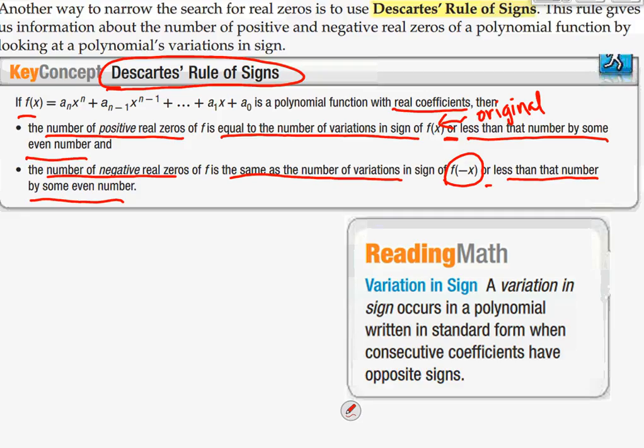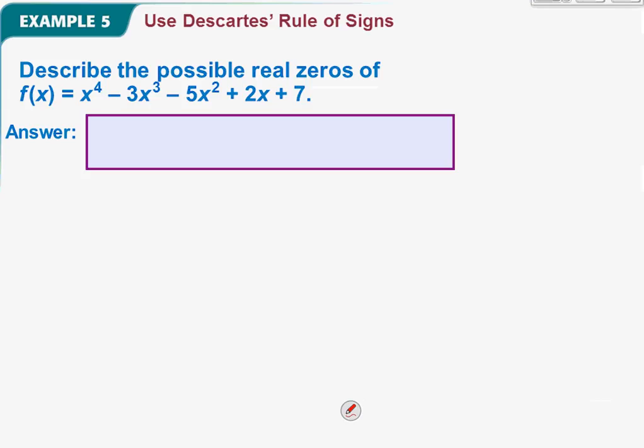A variation of sign occurs in a polynomial written in standard form when consecutive coefficients have opposite signs. And make sure that it's always in standard form, right, from highest power to lowest power as we go through that. So here's this problem, and we're not at this point asked to do all of the work for number 5, and so eventually we'll put all these parts together, but right now it's just saying, describe the possible real zeros.